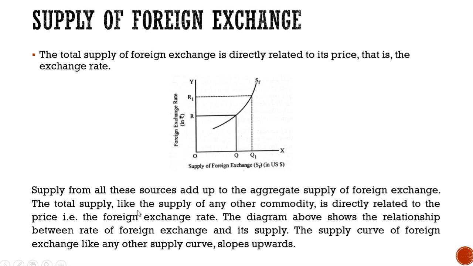The total supply, like the supply of any other commodity, is directly related to its price, that is the foreign exchange rate. The diagram above shows the relationship between the rate of foreign exchange and its supply. The supply curve of foreign exchange, like any other supply curve, slopes upward.